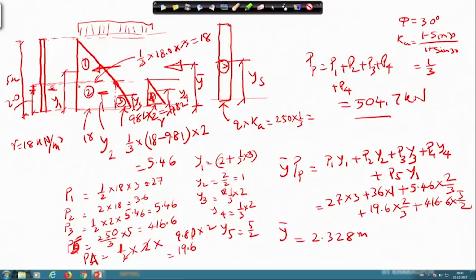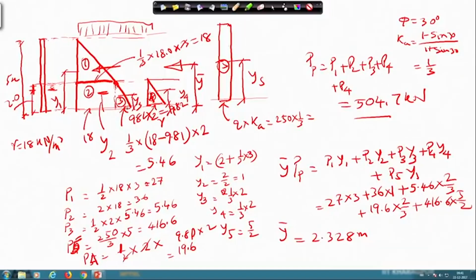That is what we have done up to this. Since there is no water table, it is directly gamma times H times K, and up to this point it is constant. From here, since it is changing, I can take another diagram which will be equal to gamma effective multiplied by H into K_A.